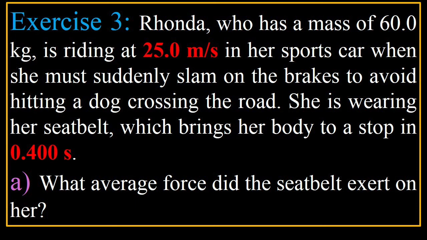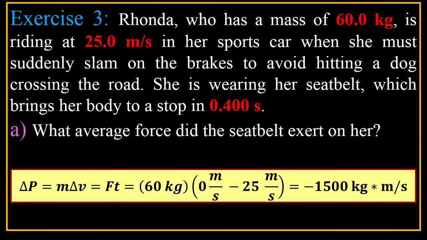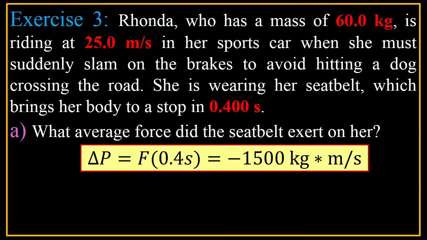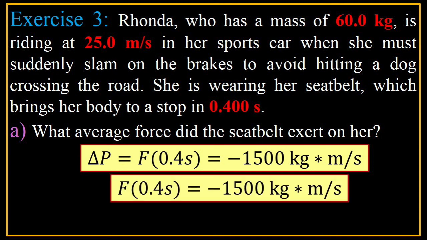Now, you'll see that the momentum change on her is negative, so the force from the seatbelt will be positive. This is 0 minus 25 is where you get the negative. So that's negative 1,500 kilogram meters per second. And then you know that the momentum change equals the impulse, which equals negative 1,500 kilogram meters per second.